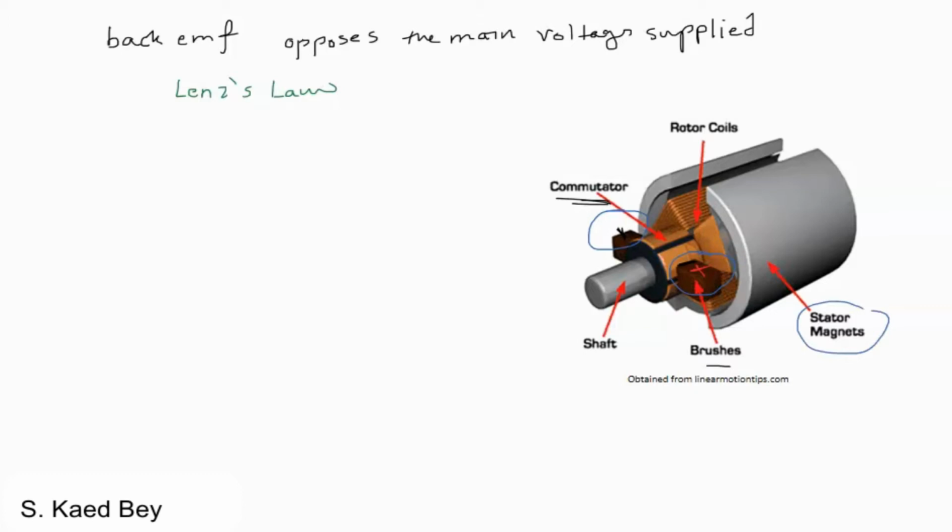Please remember that the back EMF depends not only on the angular velocity of the rotor coils or the RPM, but also on the stator magnets and the magnetic field they create within the rotor coils, and also on the number of turns of the actual rotor coils. Therefore, for a constant magnetic field, which is the case of the stator magnets here, the back EMF will be proportional to the angular velocity of rotation only.